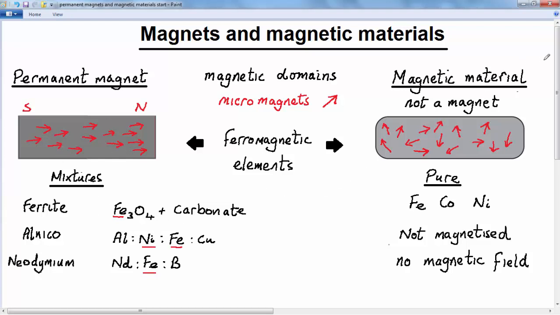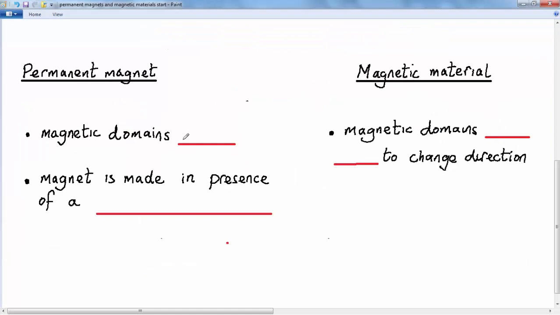Let's just summarize that again then. In the case of a permanent magnet, the magnetic domains present are fixed, they're in a fixed position, whereas in a magnetic material, the magnetic domains are free to change direction.